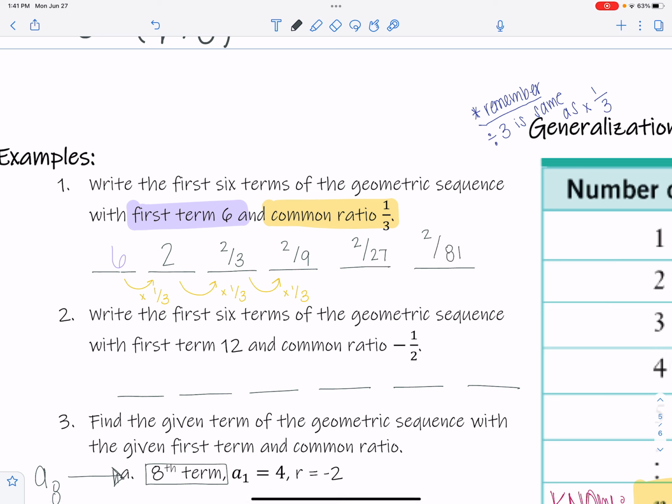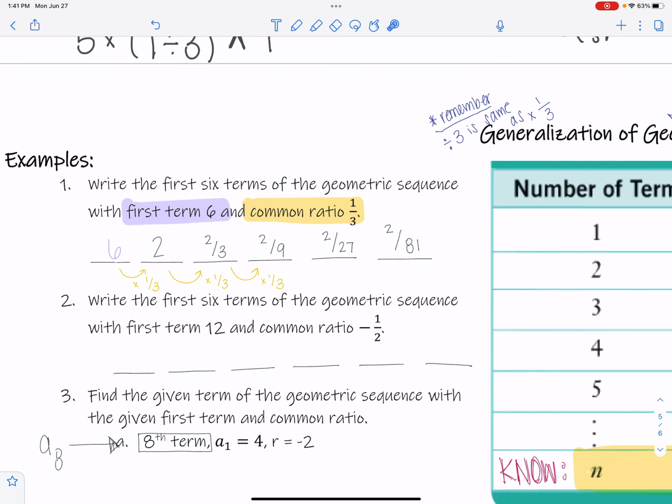You can see that the numerator is not changing because I'm multiplying by 1/3. What's changing is that I am multiplying the denominator by 3. So there's your pattern once you get into the fractions. Do write these as fractions, not decimals.